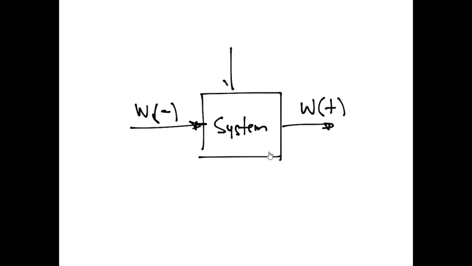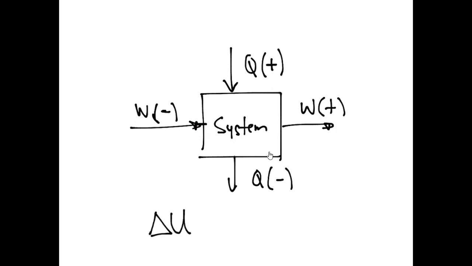But when we're talking about heat, introducing heat is positive, it's gaining energy, and losing heat is negative, so it's the other way around. So in that case, we can define the first law as change in internal energy equals heat minus work. This minus comes because of this difference in sign in the work.